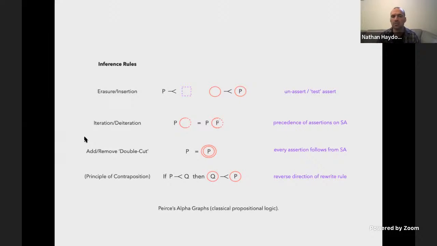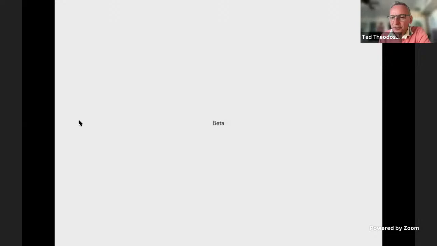And it's kind of remarkable that this alternate set of rules is possible and that it actually serves as an account of propositional logic. And you can find a nice description of this in Don Roberts, who has probably one of the only, but still an introductory textbook on the graphs called The Existential Graphs of C.S. Peirce. I think Niels has a question.